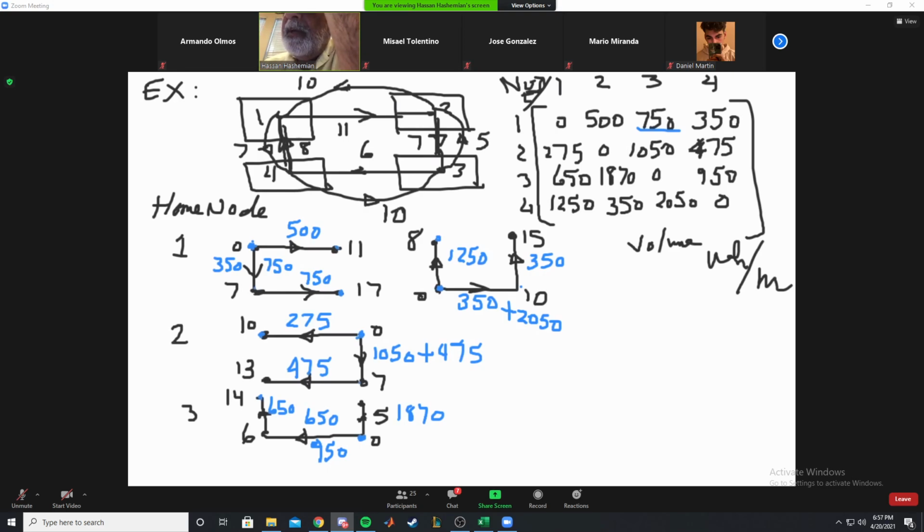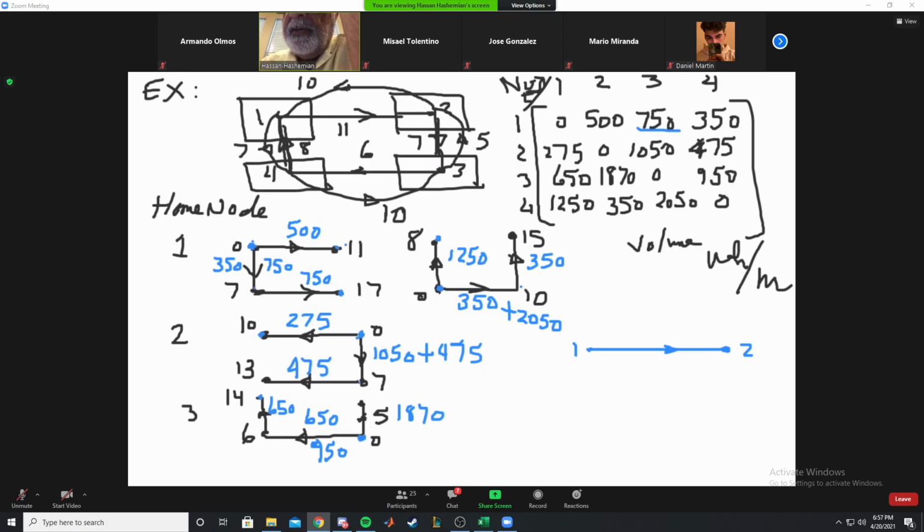Okay, now let's see the third step said add up these. Okay, so I'm going to do this. I'm going to go from 1 to 2. Let's see how many trips will be there. There is from 1 to 2, there is 500. 275 is the opposite direction. I don't care about that.